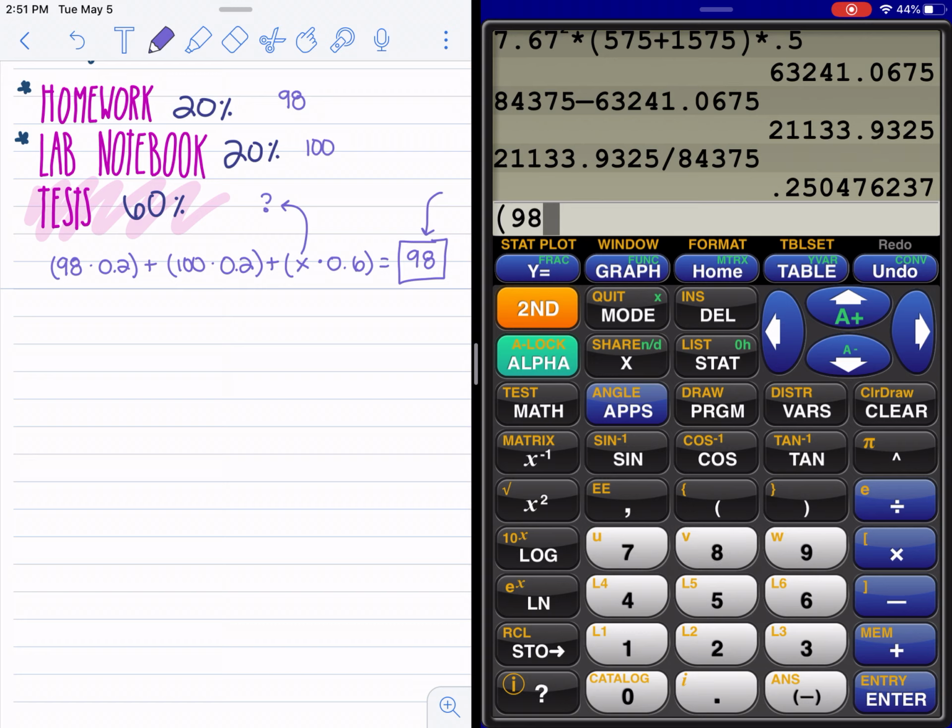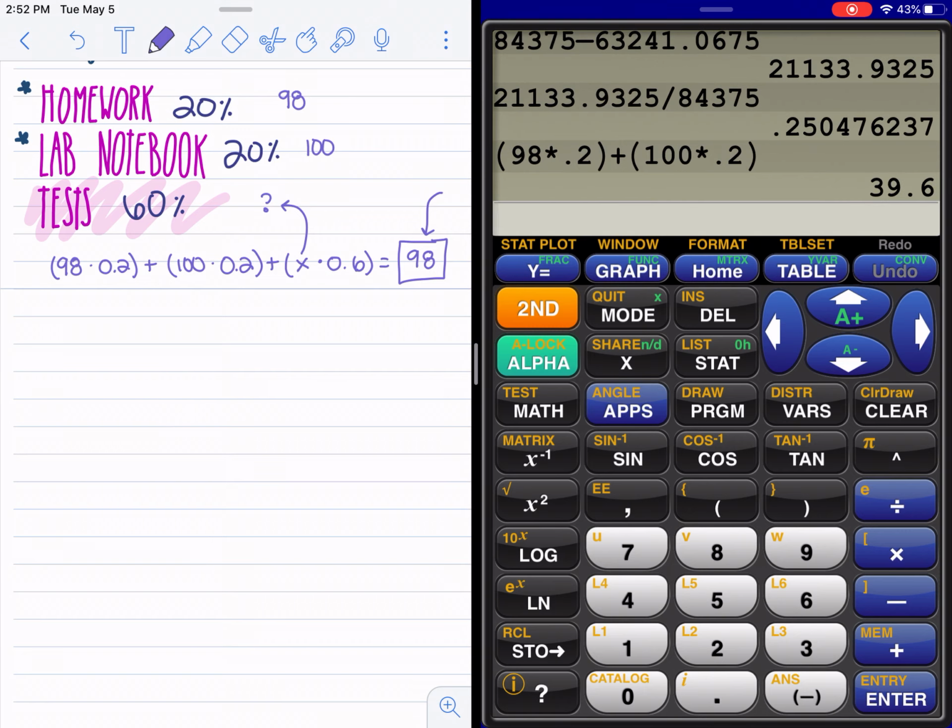So I'm just using my calculator to type in exactly what I have written. Of course, the best thing to do is to use your homework grade and your lab notebook grade for this. Okay, wait. Sorry, I got to talking and not watching what I was doing. I'm going to do those two sets of parentheses, and that gets me 39.6 plus 0.6x.